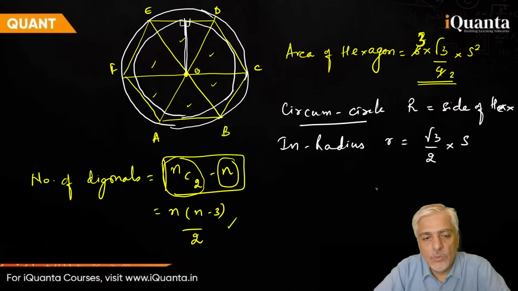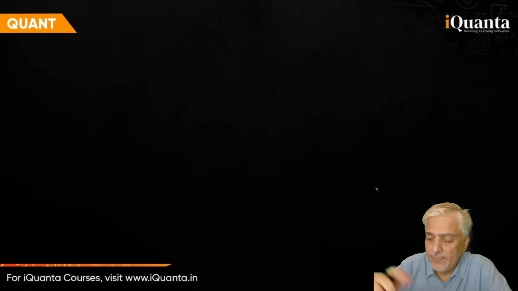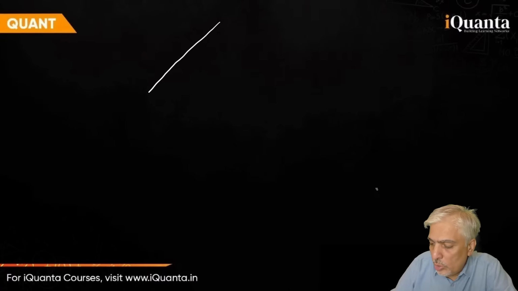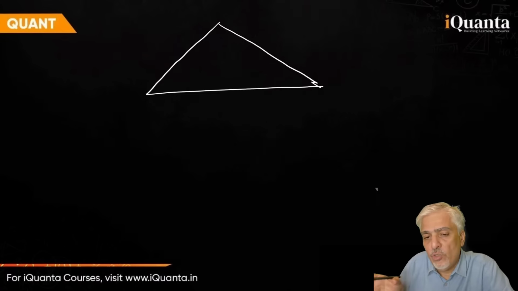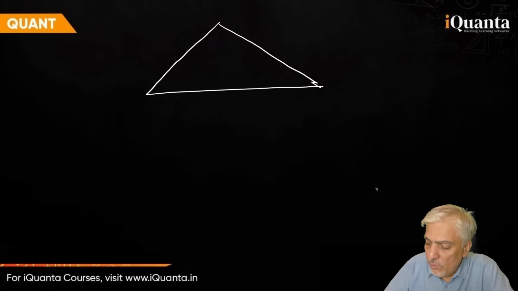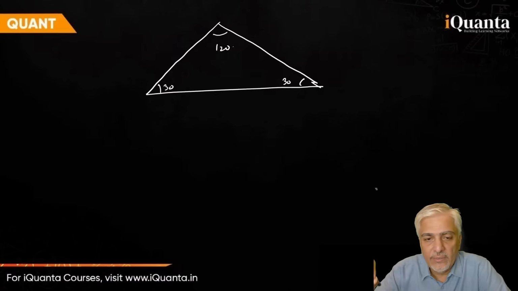Okay. One additional property which is used a lot in hexagon is what to do when you reach this stage. In a hexagon, if you reach one small triangle, we all should know that this is a 30, 30, 120 triangle. Now, either you can learn this by heart as a property.